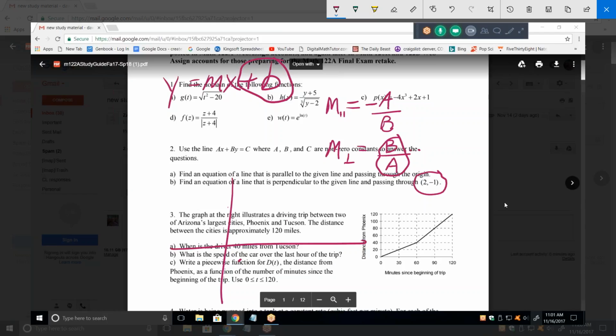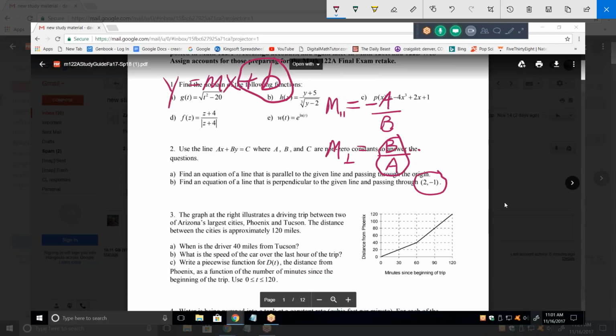Well, I could have a lot of lines pass through that point. I could have that line, I could have that line, I could have that line. They each have different y-intercepts. So I'm not setting b equal to -1. You substitute in for the x and y.